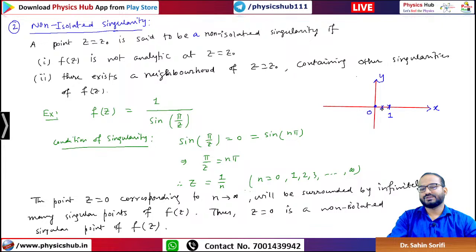N equals to 3 you take, you get 1/3, so you get another singular point. N equals to 4, closer to 0, you get another singular point. So as you put higher values of n, you will get more singular points. All of these are singular points. So infinitely many singular points you are getting in the neighborhood of z equals to 0. So z equals to 0 is not an isolated singularity, it is a non-isolated singularity. Is it clear or not? Tell me.